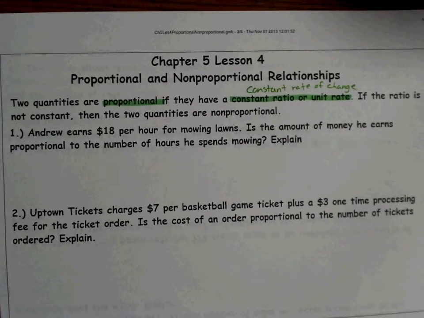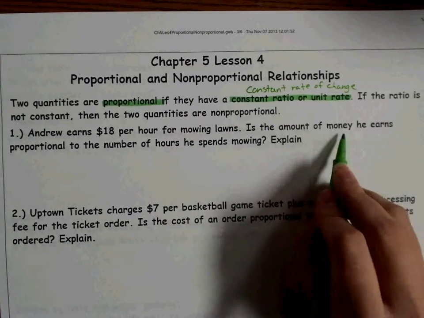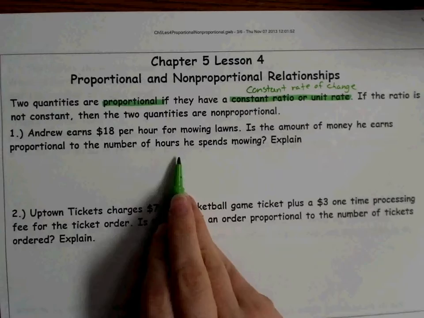We want to know if this is a proportional relationship, if the money is proportional to the hours that he's going to spend mowing. So we're going to set up a table of information. It says that they want money compared to hours.